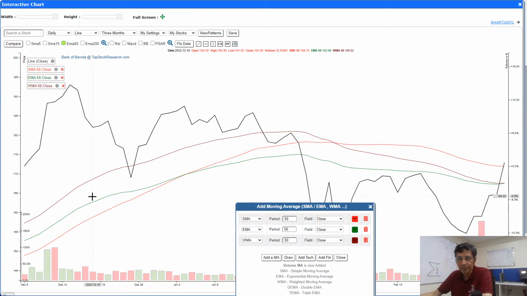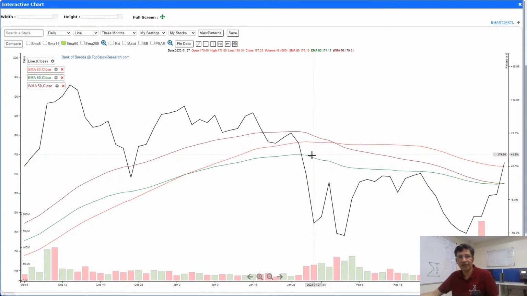And for these two moving averages, depending on the price and the moment, either exponential can be closer, because both exponential as well as weighted give a lot of weight to the latest prices, right? Depending on the kind of setup, one can be closer to the other, but generally EMA will give you better response, right? So these are three examples of the three moving averages.